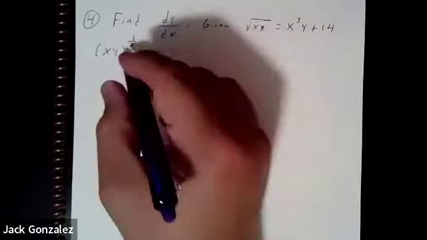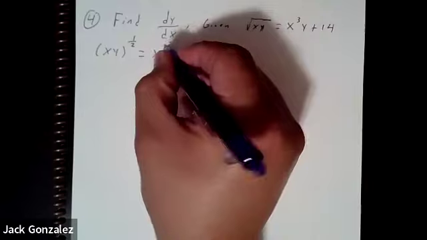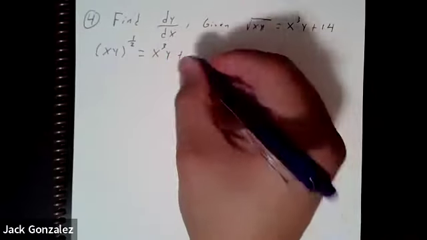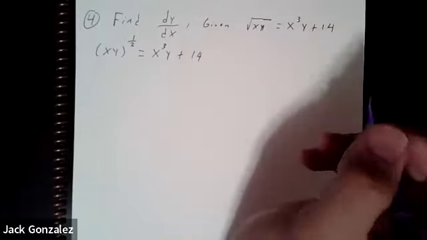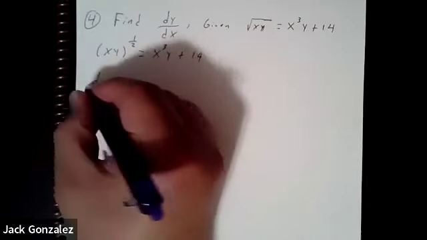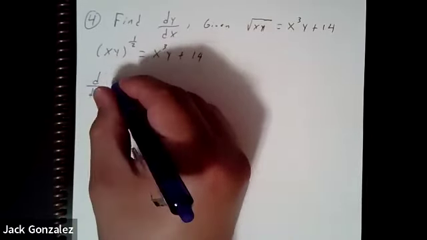The square root, just change it to this and do a power rule. Technically, that's going to be a chain rule with a product that's also implicit. Oh well. Life sucks, right?